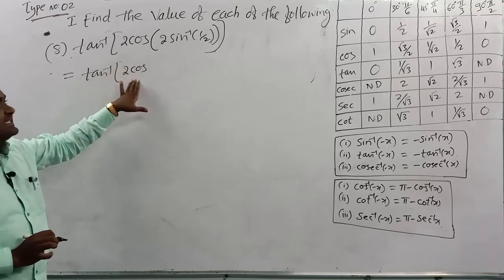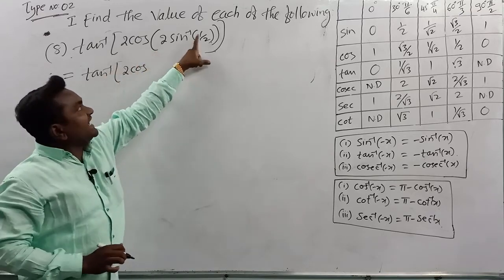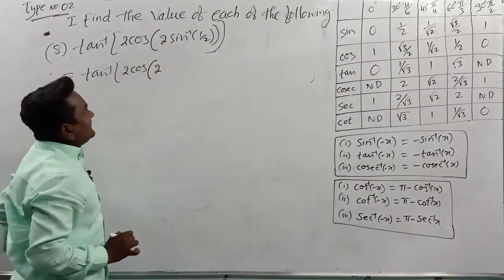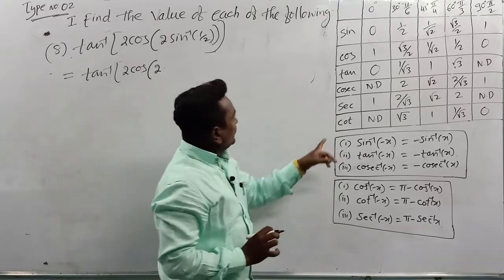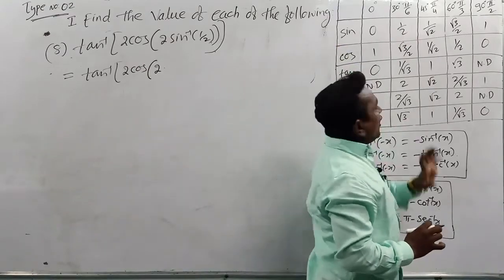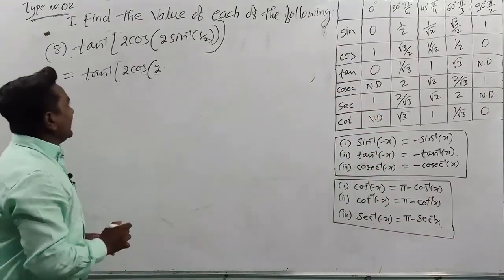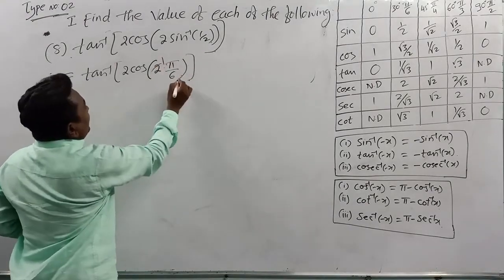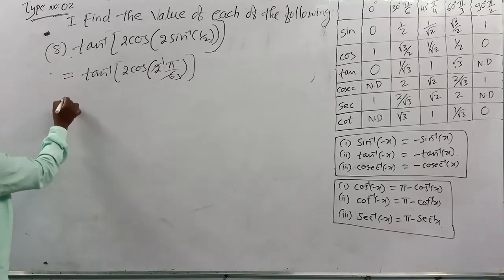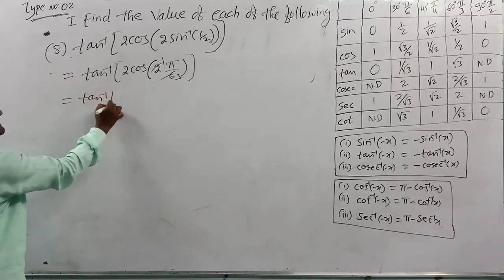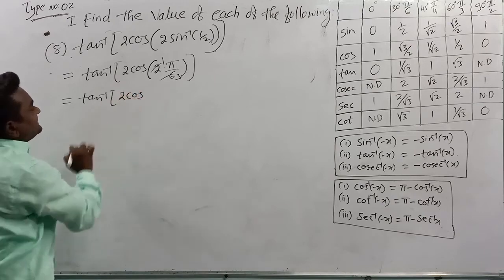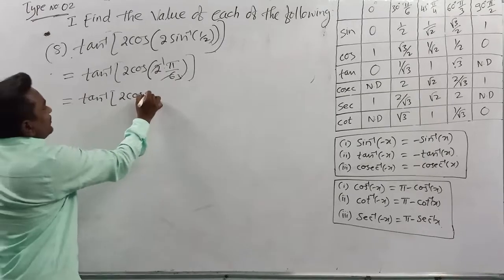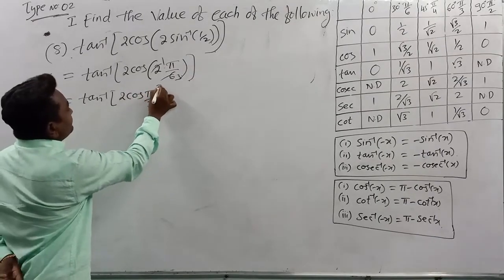First find the value of sin inverse 1 by 2; in the bracket, the constant 2 keep as it is. Sin inverse 1 by 2 is equal to how much degree? 30 degree, which means pi by 6. 2 ones are 2, 2 threes are 6. Now this is equal to tan inverse 2 times cos, keep as it is there only, and what remains here? Pi by 3.